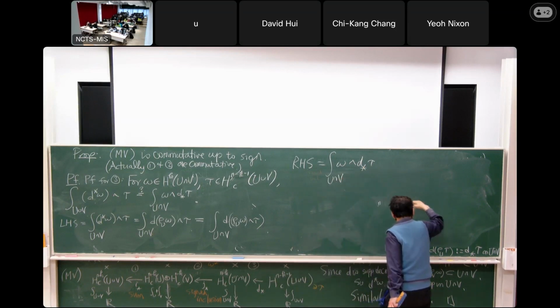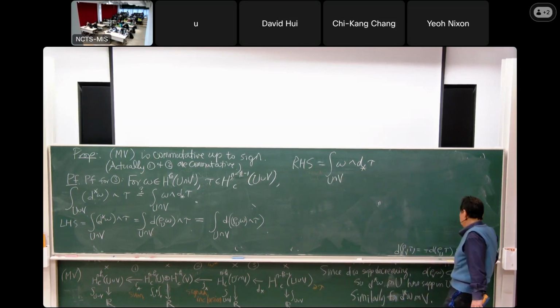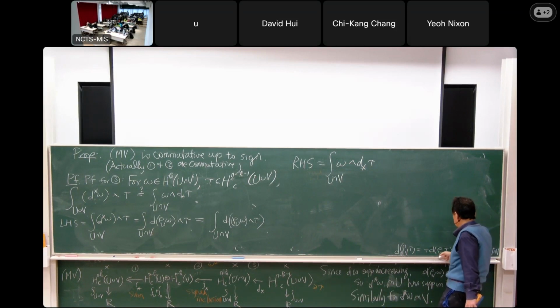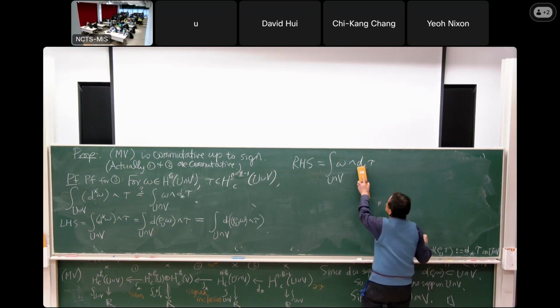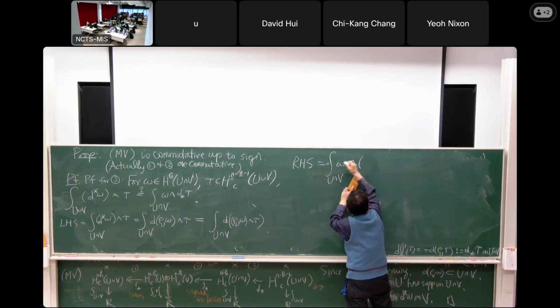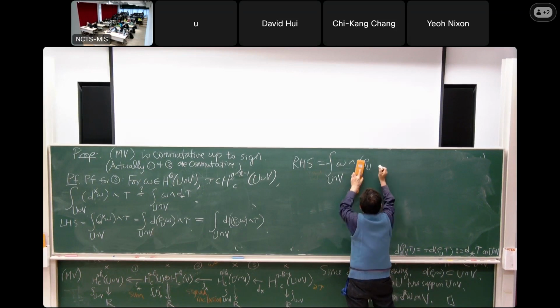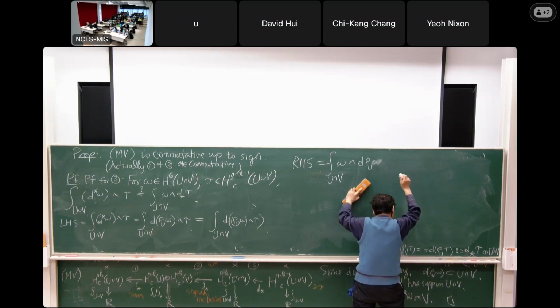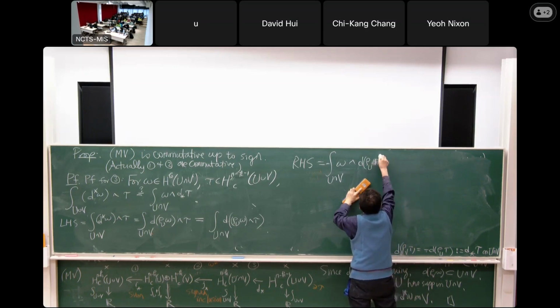Now d lower star tau is right here. It's minus d rho u omega. So put the minus sign there, rho u d rho u omega tau, d rho u tau. Okay.